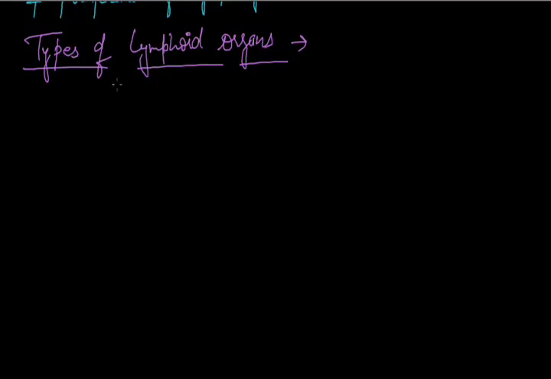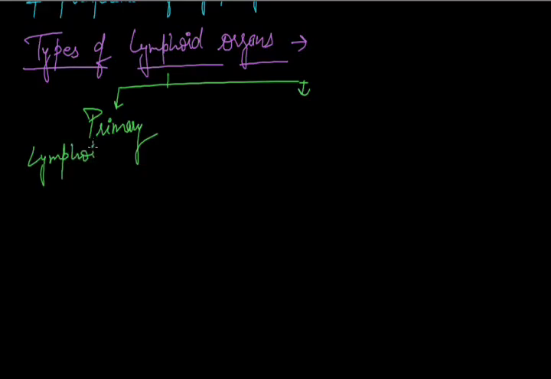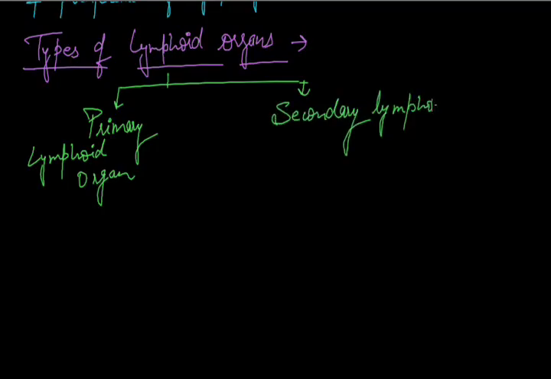If we see the types of lymphoid organs, we'll mainly study two types, which are primary lymphoid organ and secondary lymphoid organ.